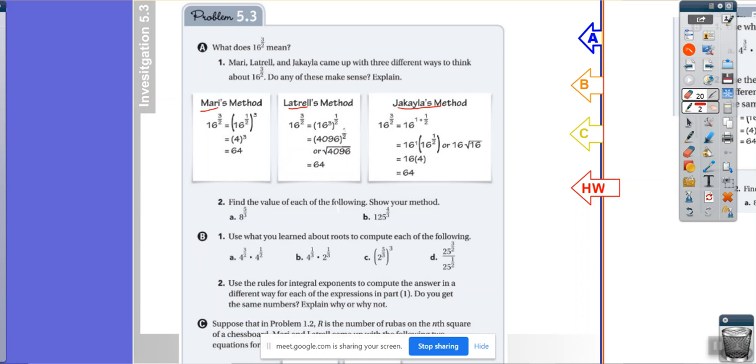Then you're going to pick the rule that is correct, or the method that makes the most sense to you, and you're going to use that rule to simplify these 2 problems. Then, for question B1, you will use the rule of exponents to make these problems much easier to work with.